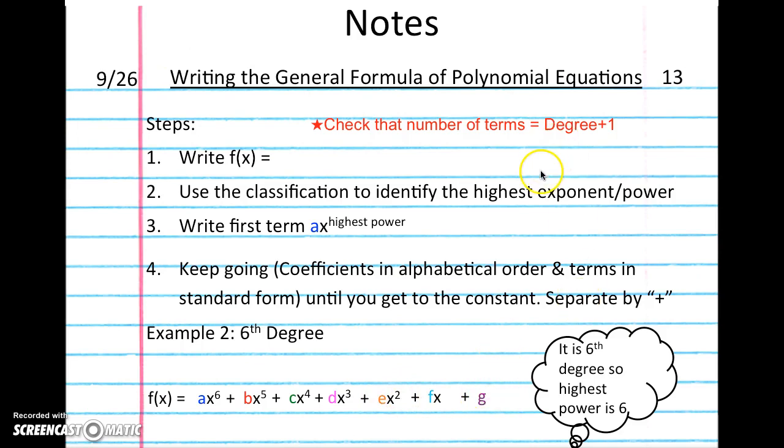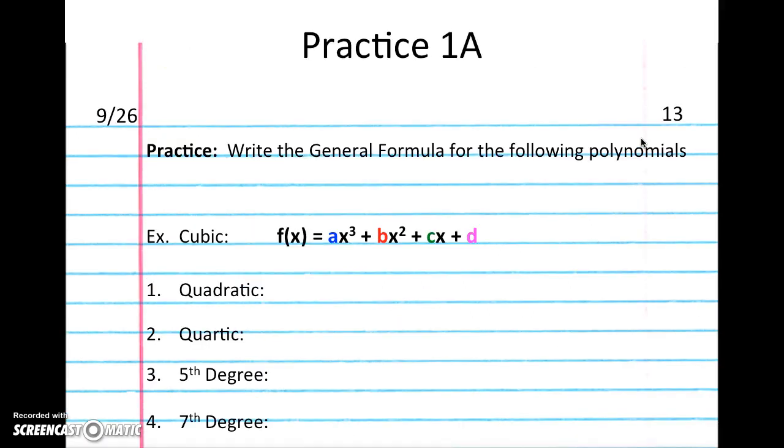And that's because the maximum number of terms we have needs to equal the degree plus 1. So next to steps at the very top, I want you to write a star and check that the number of terms equals degree plus 1. This is a really good check, and it just helps you to keep track. Okay, moving on. And not forgetting our constant.